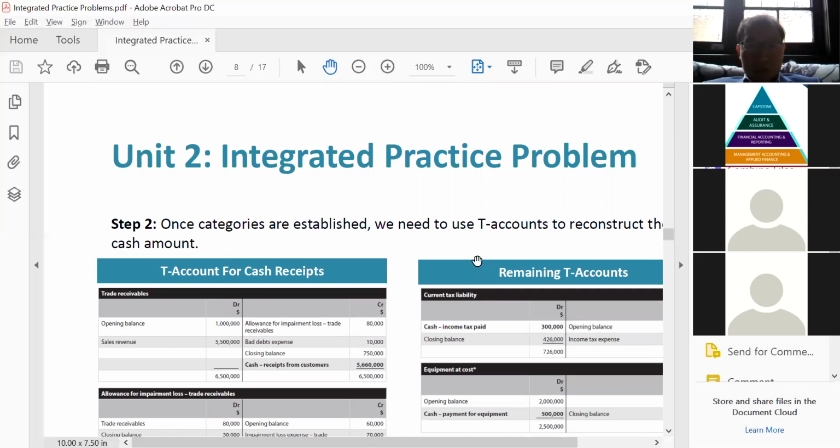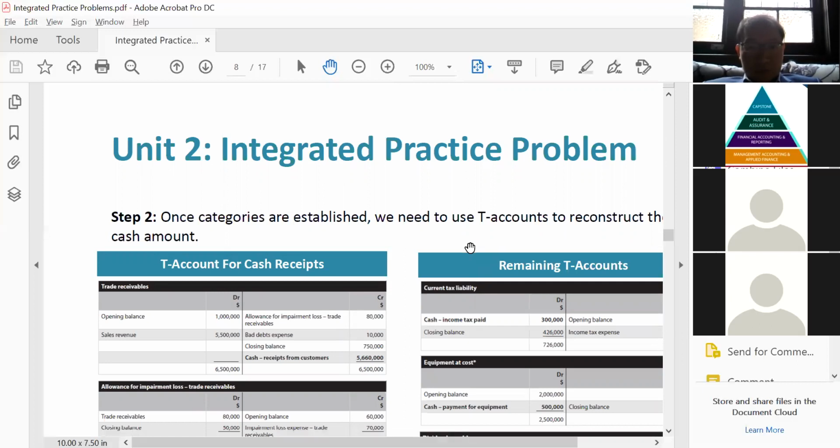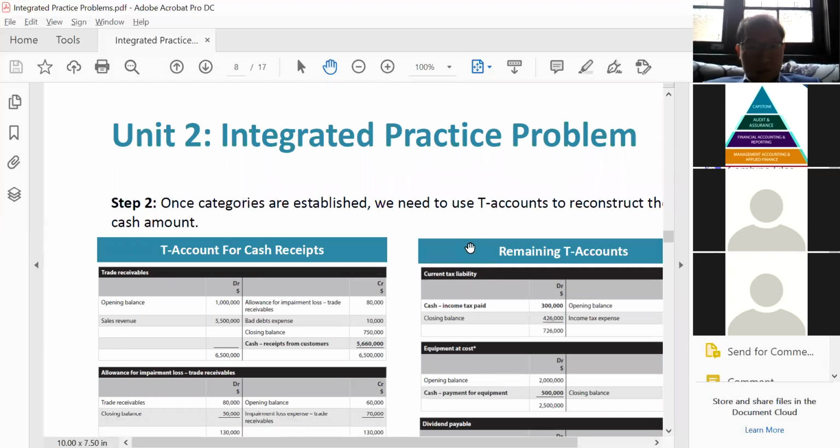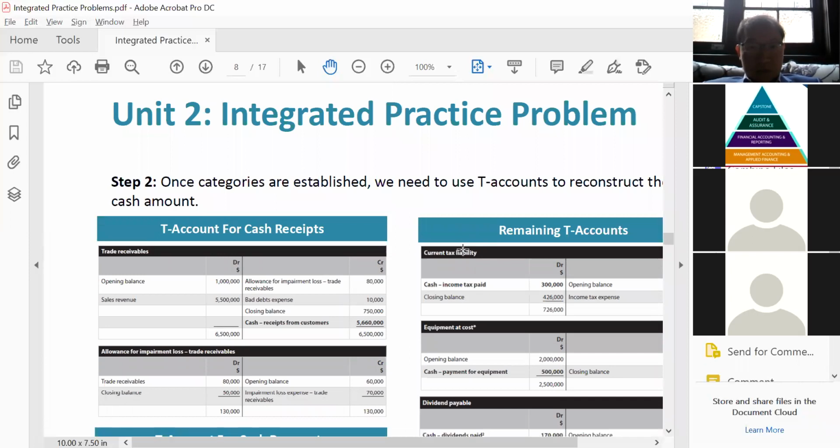Okay? And so if we have a look here, we can see that for the cash receipts T account, we've got an opening balance, we have a closing balance. Okay, so that's information given to you in the question. We're told that sales revenue is 5.5 million. Allowance for impairment losses was 80,000.